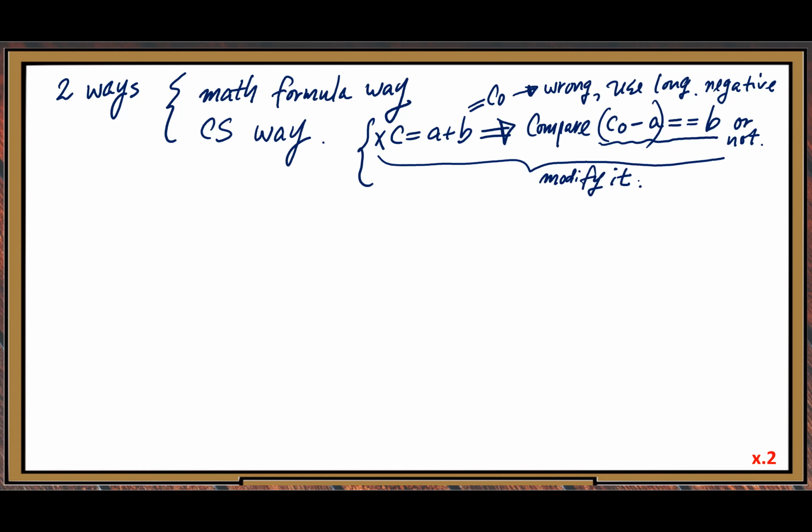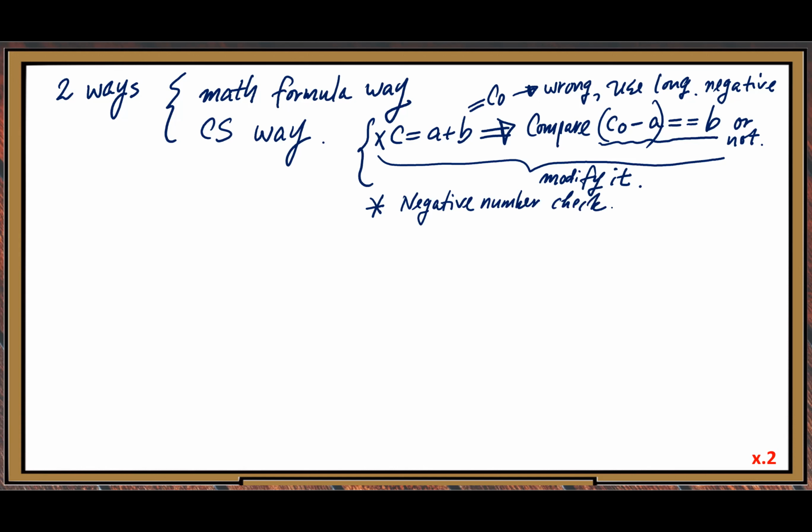So the modification, because we observe the negative case, we know Fibonacci number cannot be negative. The modification is like this: negative number check.